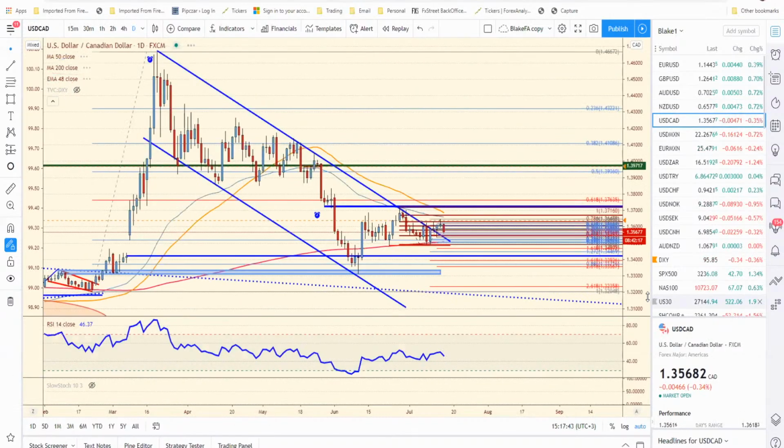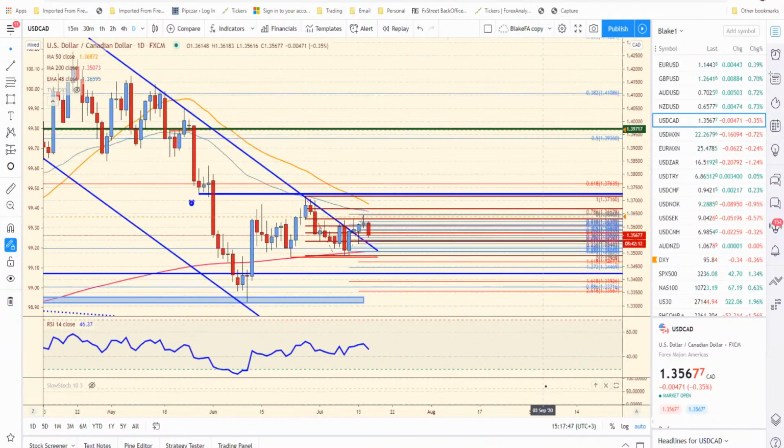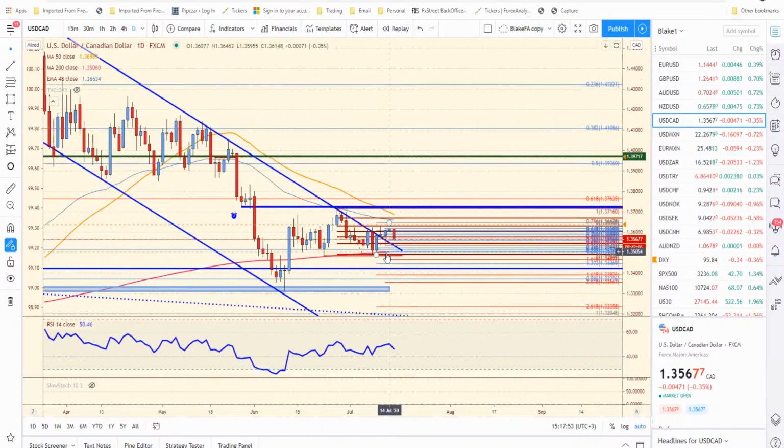All right, let's go over to the dollar Canadian. Dollar Canadian, this is a currency pair that has really outperformed well, and it's above the 200-day moving average, which is also a lot of horizontal support down here. Let me move this over.